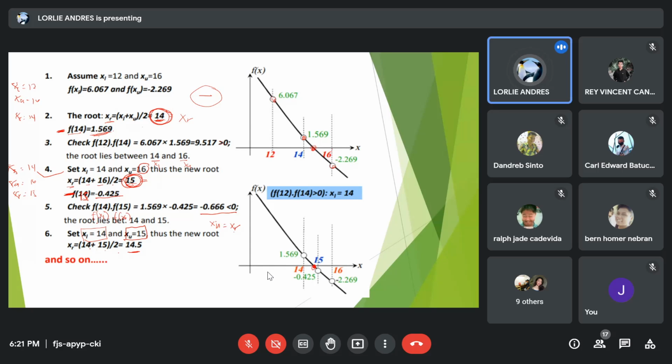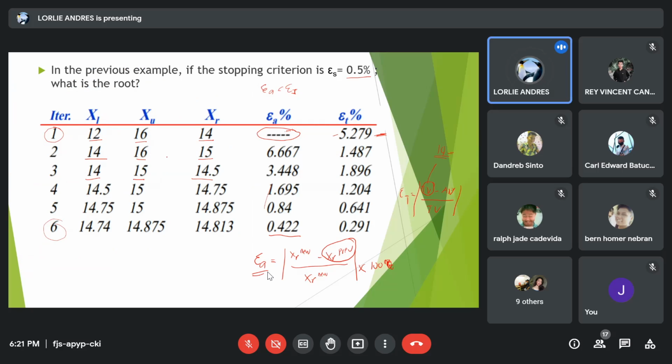And the next iteration, diri nga part, ang imuhang x sub L is equal to 14. Tapos ang x sub U nimo is 15, and then ang imuhang x sub R is 14.5. So during the third iteration, 14, 15 and 14.5 as your x sub R. And the next iteration, naa kay 14.5.